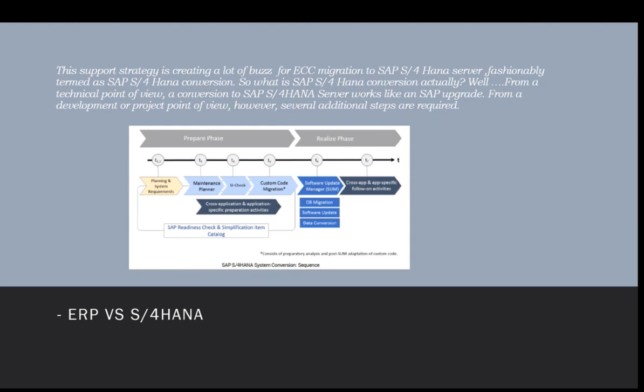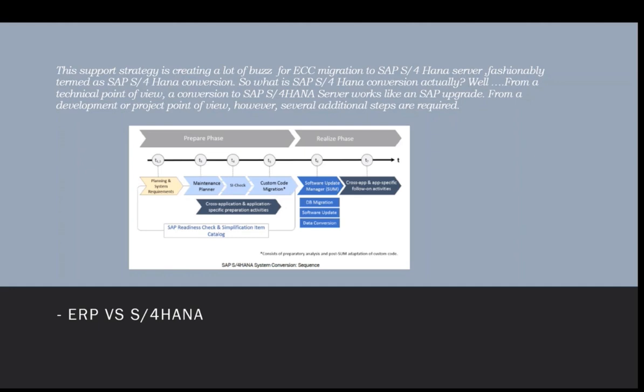For example, ACDOCA is a consolidated table which contains a large number of tables which used to be present in the ERP system. Your ECC system has hundreds of tables, which are going to be adapted into one single table in S4HANA, because that is the application structure of S4HANA, right?